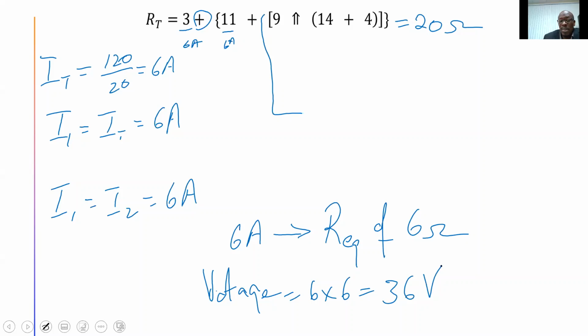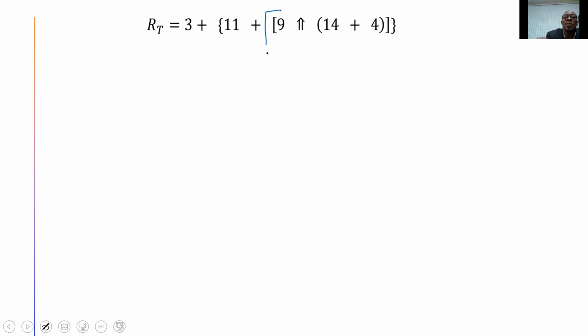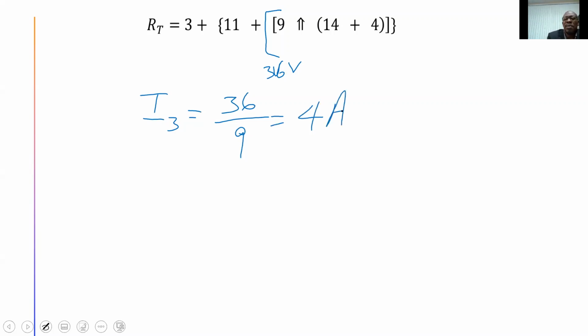So now we know that there are 36 volts across these parallel sections. And what do we know about parallel circuits? The voltage will be the same. So from our equation, we know that we have a 9 ohm resistance. So the current through the 9 ohm, which is I3, would be equal to the voltage across it, which would be 36 divided by 9, which gives us 4 amperes.